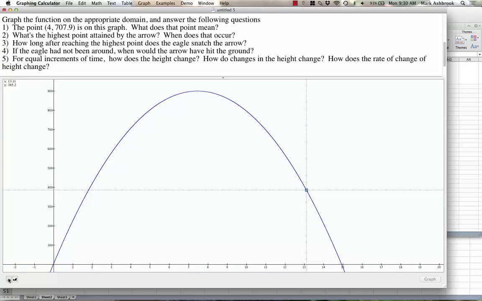So he's saying that the value of x at 385 for y is not the answer to this question. Do you see that? What is the value of x? That's the total time since the arrow was shot. But this question is asking the time since the highest point to when the eagle catches the arrow. So we've got the 13.11, and then it calculates at about 7.4.